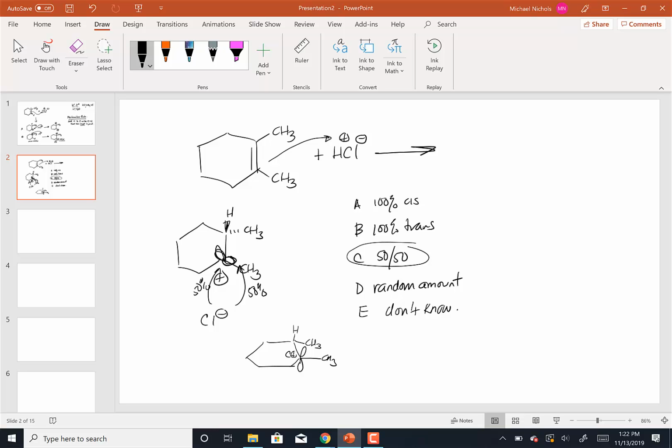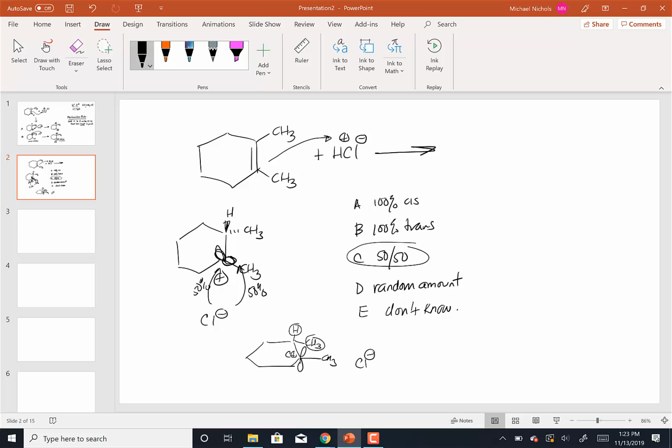Now, if you're saying, but wait, what about the influence of whether the hydrogen or the methyl group is here on the chloride? Will that affect where the chloride adds? So maybe you say, well, the methyl group's below the plane of the ring, won't the chloride add above preferentially?